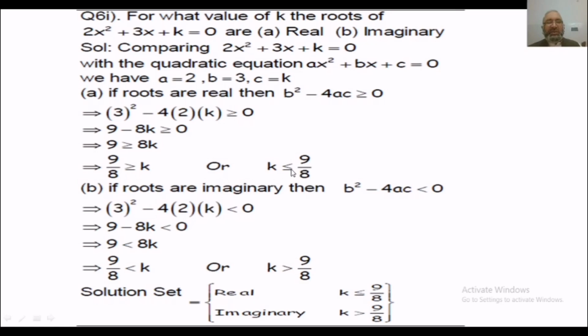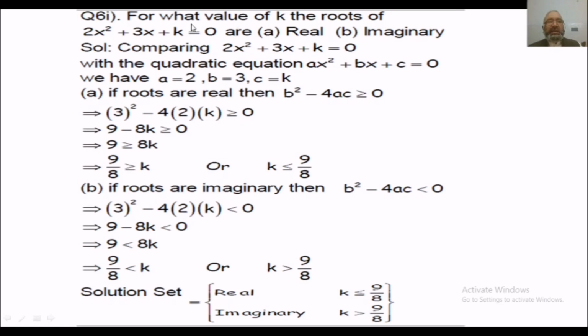This means the roots of the given equation will be real if the value of k is less than or equal to 9 by 8. By putting a value of k less than or equal to 9 by 8 in the given quadratic equation, its roots will be real. This is the meaning of the question.